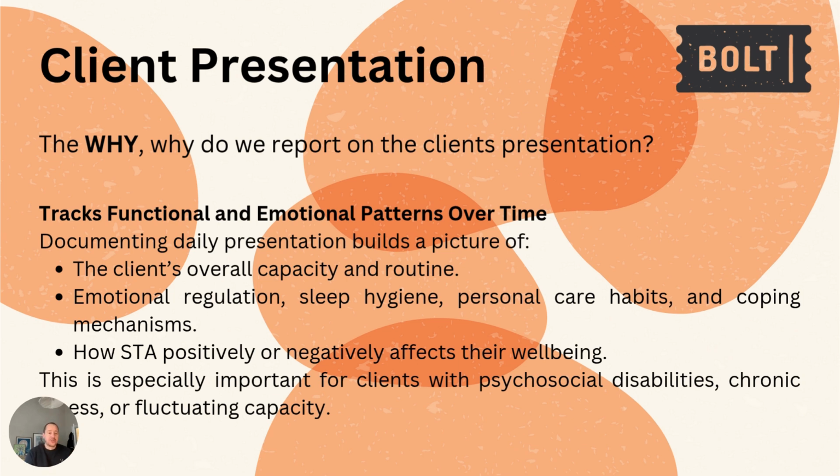So their presentation may have always been late, they may have always been unkempt. But what we've noticed in the last 6 to 12 months is that they actually have improved. So they might be shopping independently, they might be doing those things. Or they might be deteriorating.